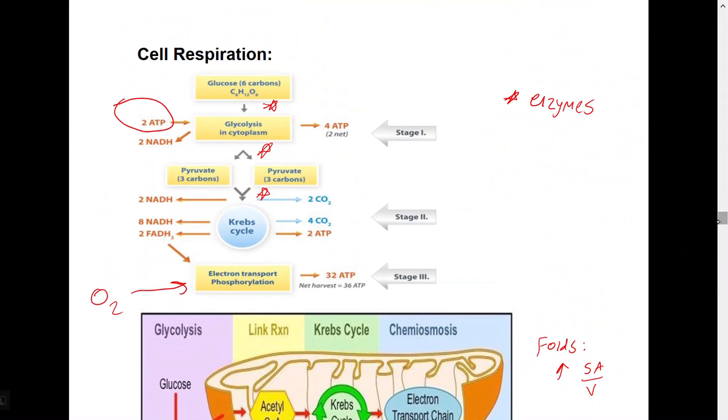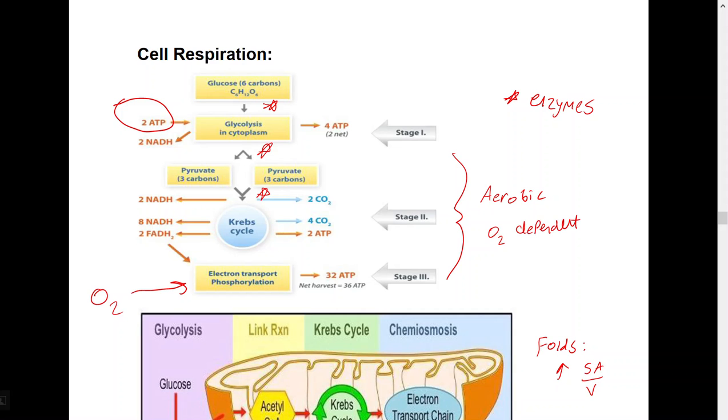The last big thing about regulating this process is oxygen. These steps, everything after glycolysis, are called aerobic. I think it's aerobic. And these are oxygen dependent.